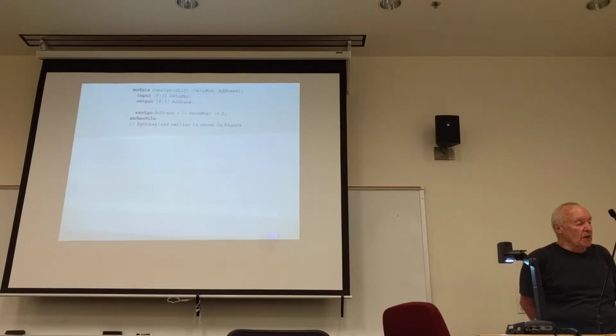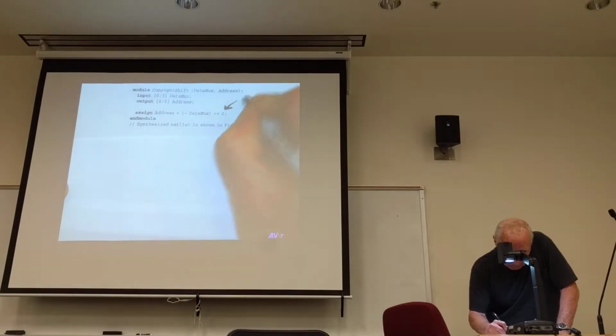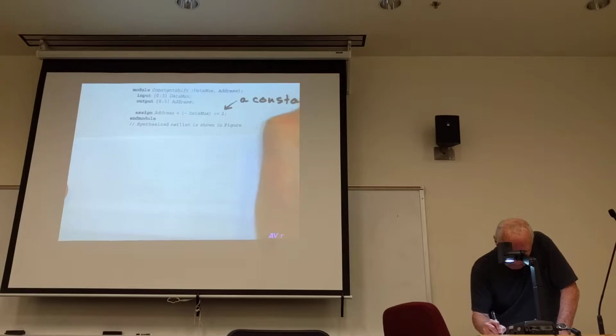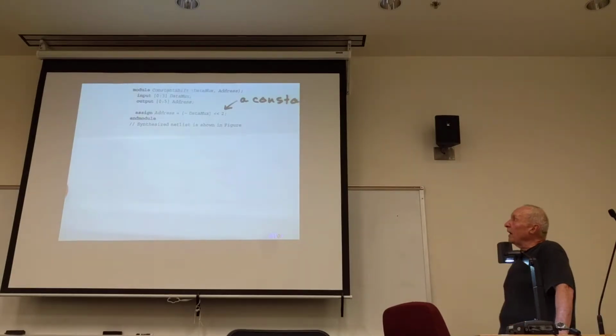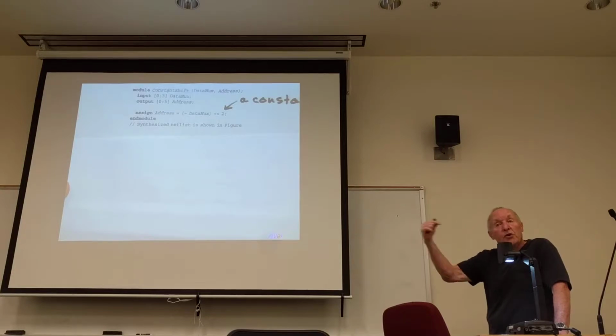And in the continuous assignment statement, I state that address is equal to the complement of data mux shifted left by 2-bit positions. I have hard-coded in a constant. Now you recall that when you do a shift, you're going to move everything over, in this case by 2-bit positions, and every shift you insert into the least significant bit a logic 0.